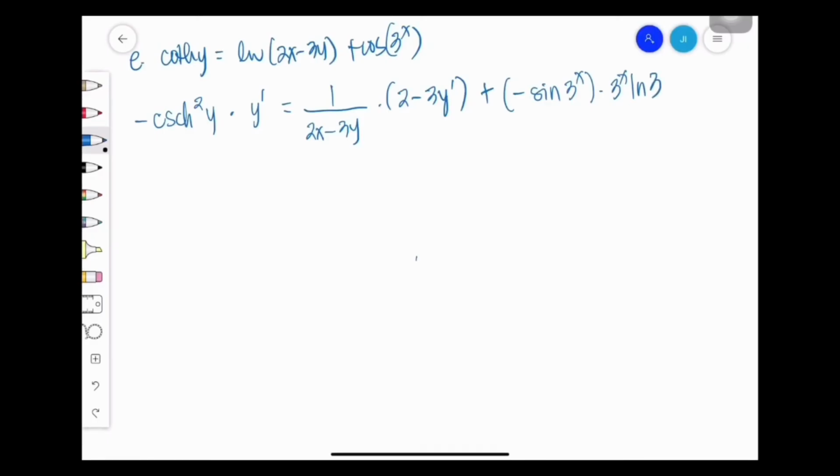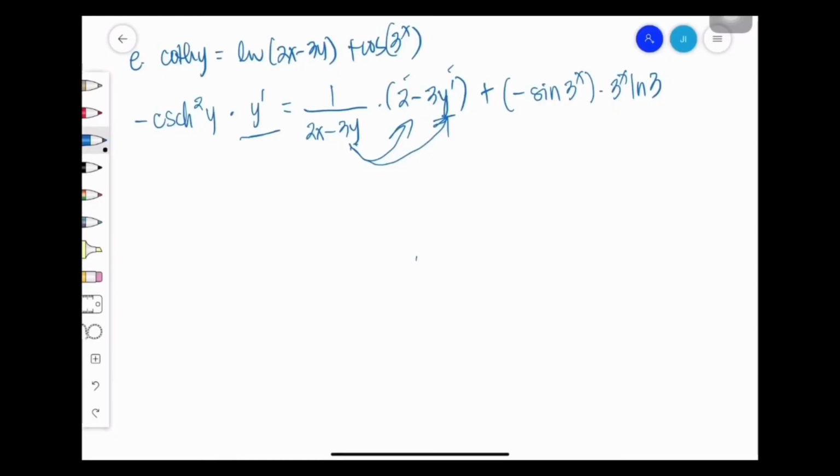Then combine all the y primes. So probably we need to distribute this term first to those. What's inside?